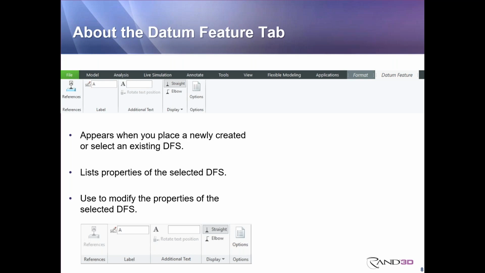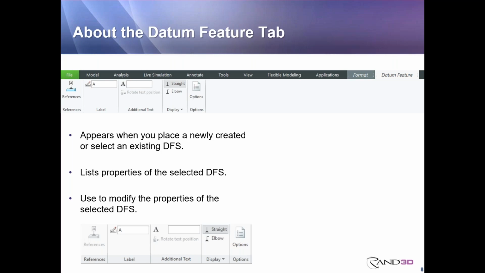But as you see, the datum feature ribbon, whether you're editing in the model, the above image, or the drawing, the below image, if you're in the model specifically, the command in the references group will allow you to control the references that are used to place the selected datum feature symbol.